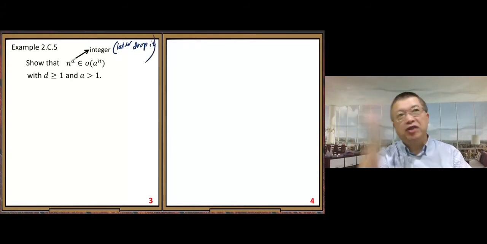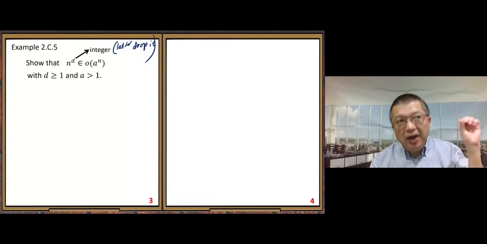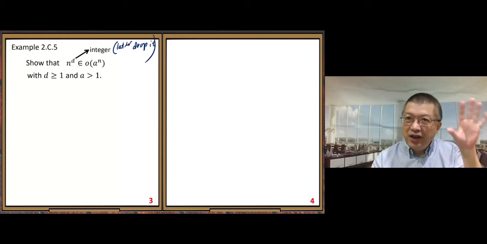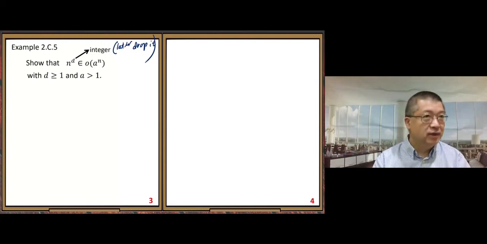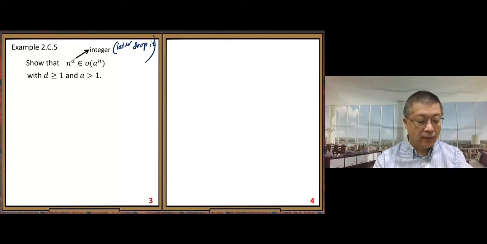We only need a positive number. Any positive number, this result is correct. But when we prove it for an integer, it will be easier. If it is a non-integer positive number, it is slightly harder, but we can handle it. Later you will see you can handle it. All right.